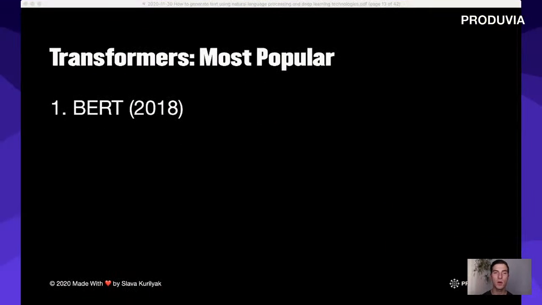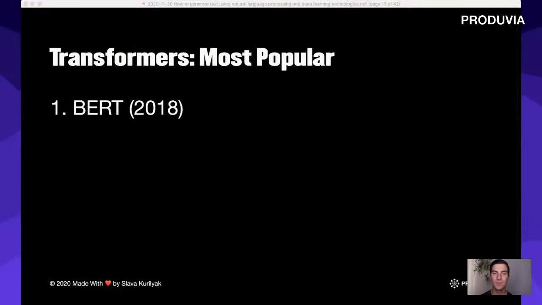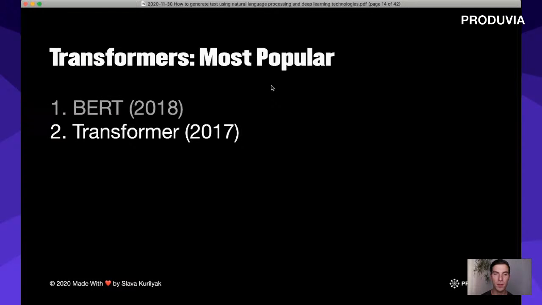So coming back to our transformer-based language models, the most popular by far is BERT. The second most popular is an architecture called transformer. It's a little bit confusing, but nonetheless, this is an architecture that was first released in 2017.